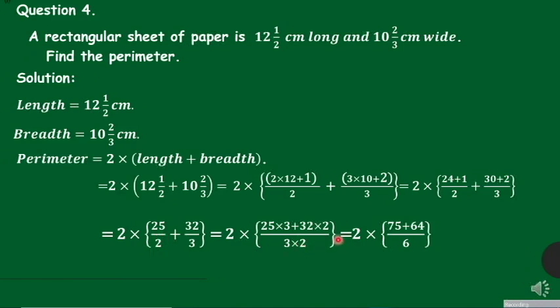So here 25 times 3 is 75 and 32 times 2 is 64, upon 6. When you add this, 5 plus 4 equals 9, and 7 plus 6 equals 13. So the answer is 2 multiplied by 139 upon 6. If we reduce it, we will get 139 upon 3.